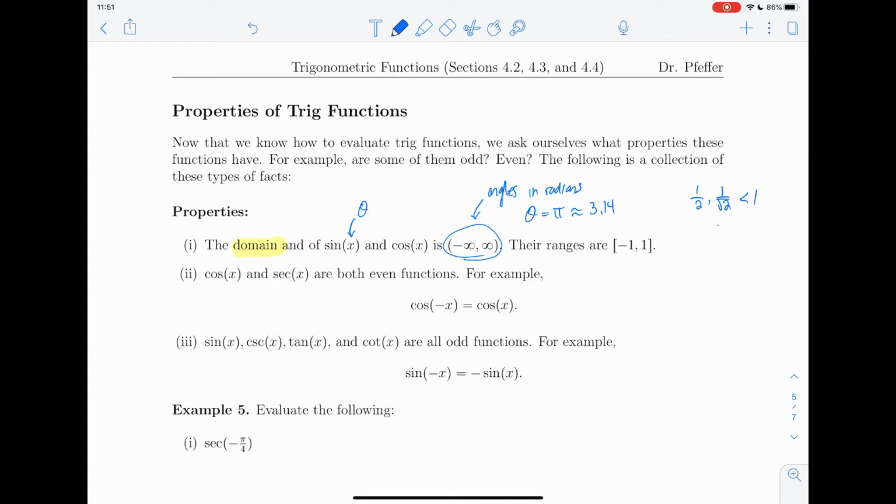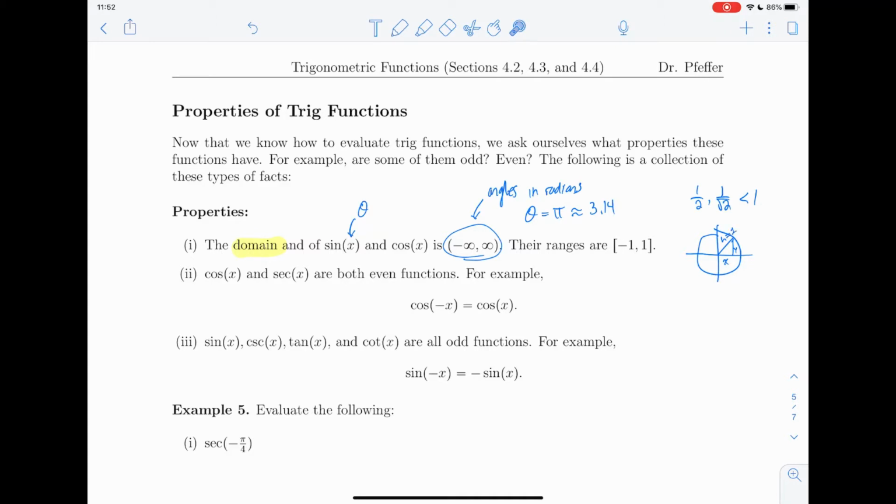And remember what the unit circle is doing. If I have an angle and then I build a reference angle, sine and cosine are the base and the height respectively. But if this is a unit circle, then the hypotenuse, h, is always a 1.